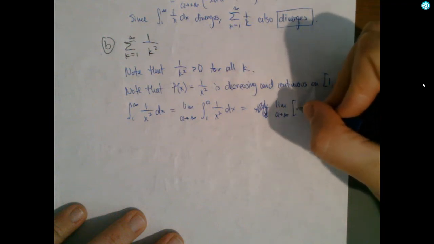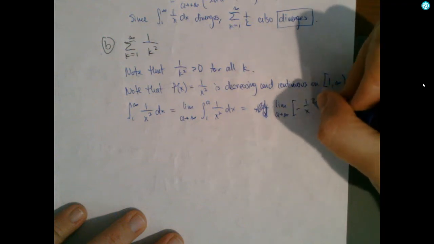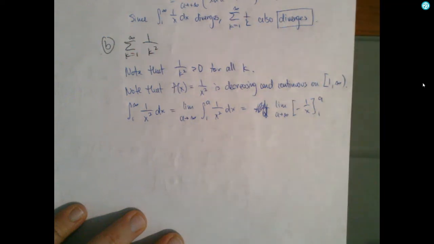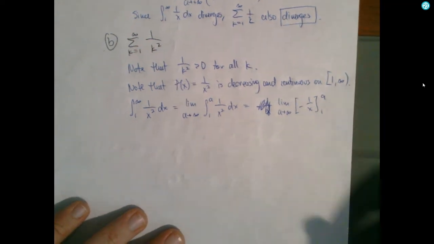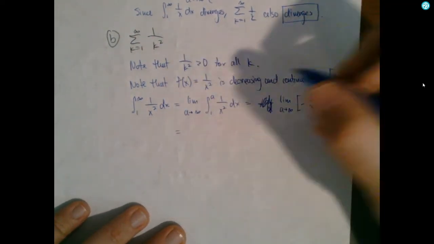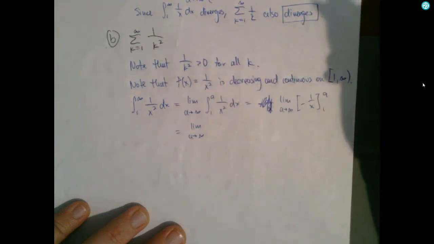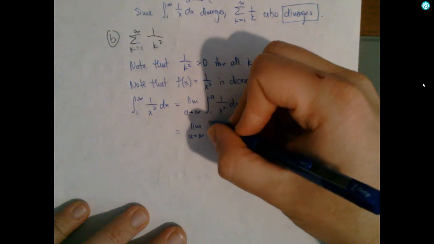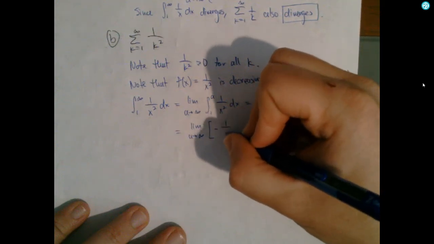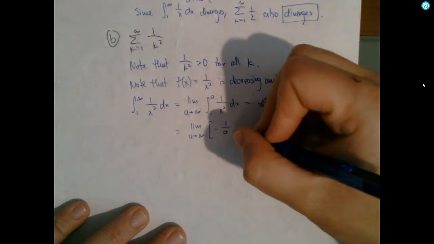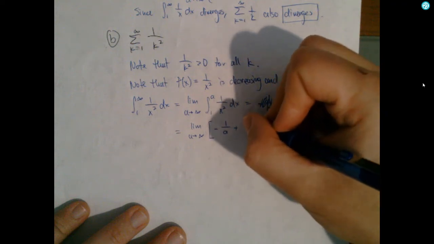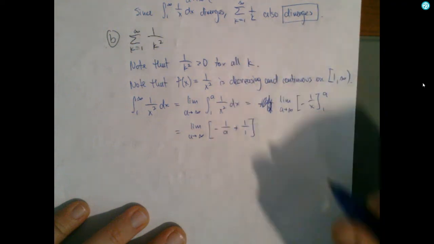Of negative 1 over x from 1 to a. And that's going to equal the limit as a goes to infinity of negative 1 over a minus negative 1 over 1.